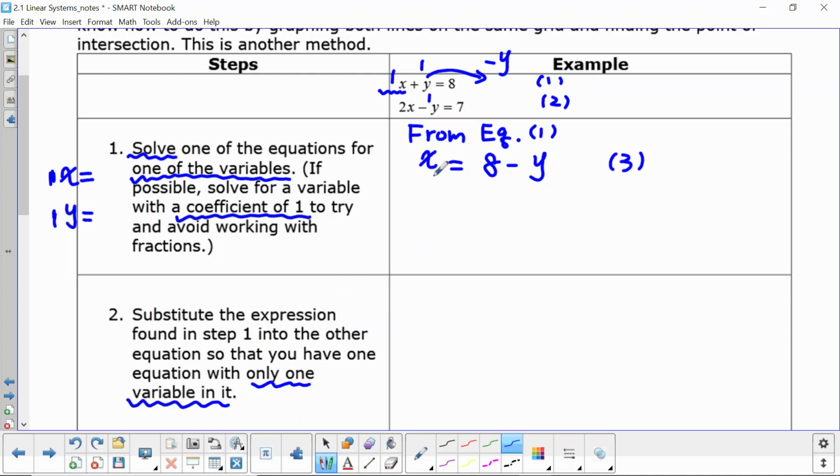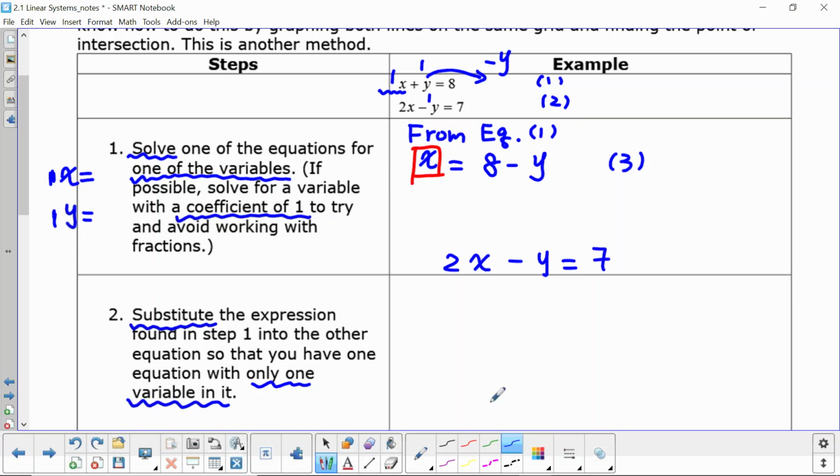Okay. So from this one we substitute. Substitute means this x is isolated by itself, then you are going to replace the x. So I will recopy this one, 2x minus y equals 7.